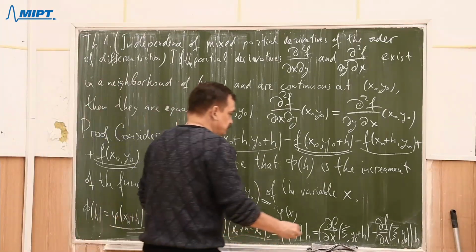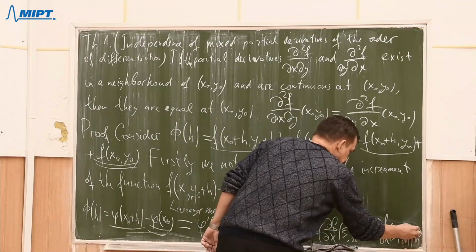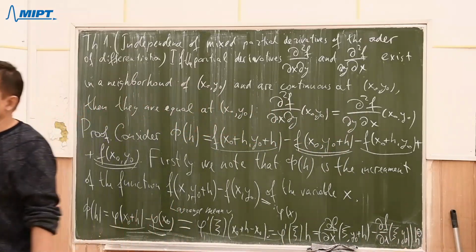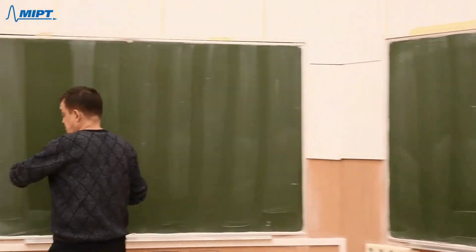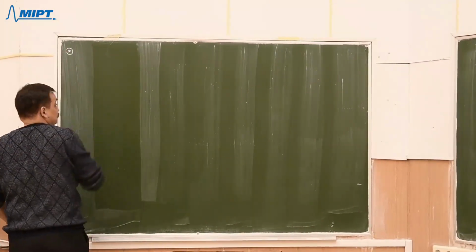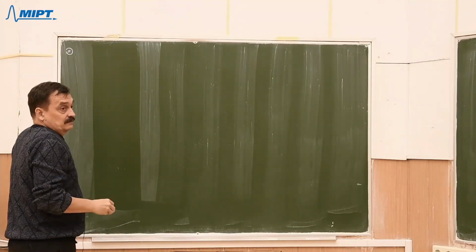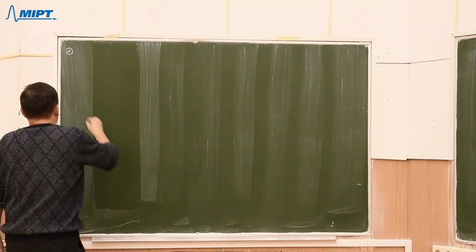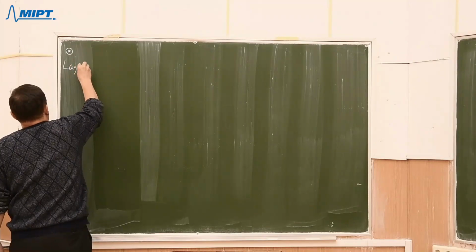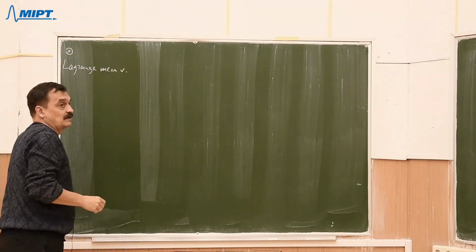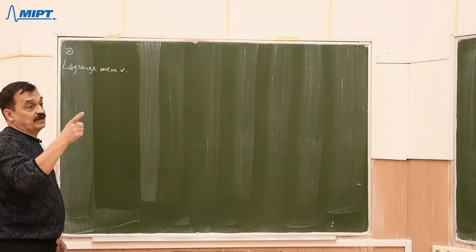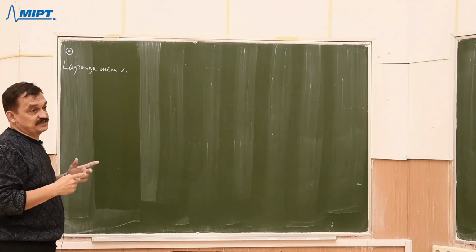That is equal to, okay, I write here now. Once again, I apply the Lagrange mean value theorem. But now we have a difference where xi is fixed.